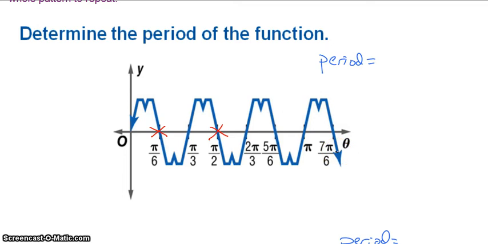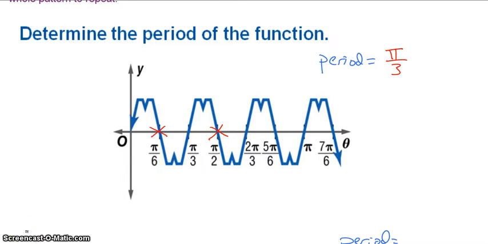So, therefore, my period for this particular function, I have to go from this pi over 6 point to pi over 2. So overall, my period here is pi over 3. Because pi over 6 plus pi over 3 gets me pi over 2.